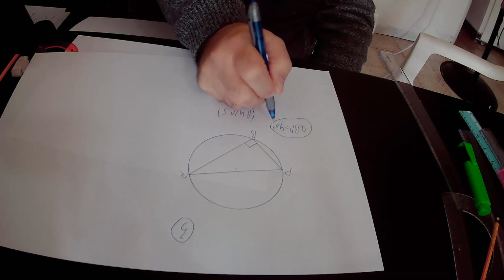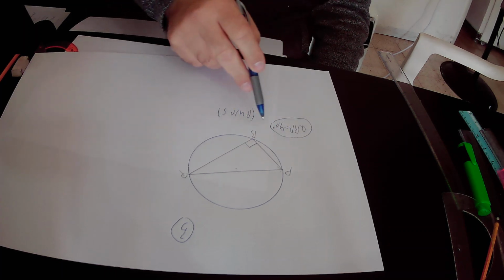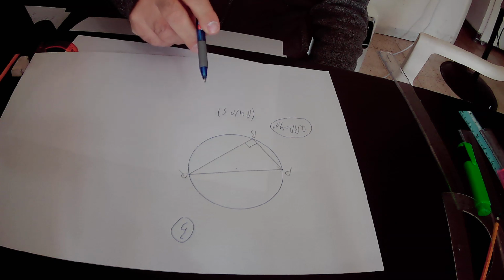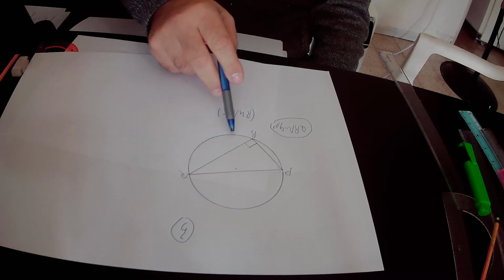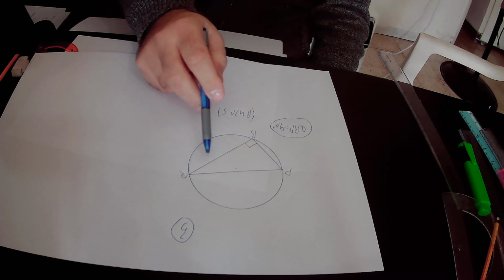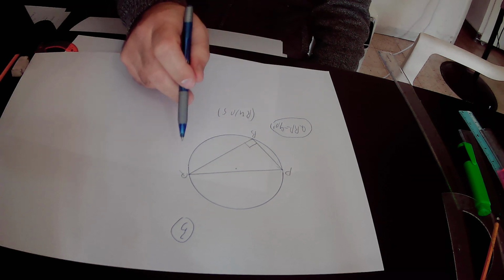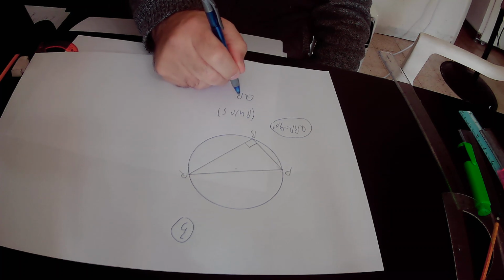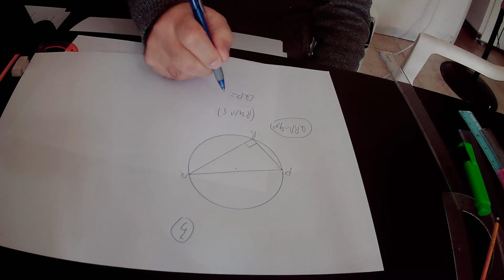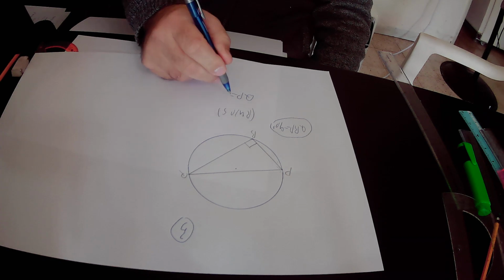Therefore, according to rule number 5, peripheral angle QBP rests on the diameter of the circle. From the drawing it is very easy to see that peripheral angle QBP rests on chord QP. Therefore, chord QP must be the diameter of the circle. So I can write here that according to rule number 5, chord QP is the diameter of the circle.